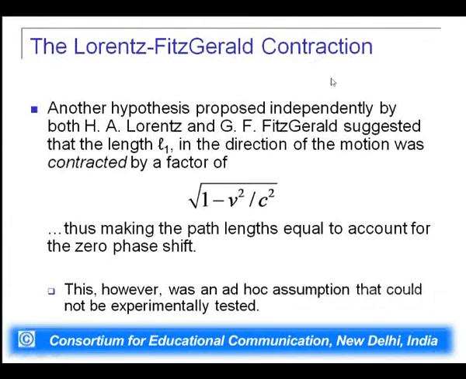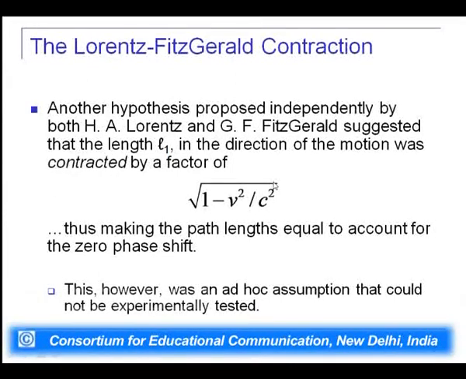Then what was the Lorentz contraction? Another hypothesis, proposed independently by Lorentz and FitzGerald, suggested that the length L1 in the direction of the motion was contracted by the factor root of 1 minus v²/c². The concept is that if no ether is present, the length of the material is changing with the frame of reference.